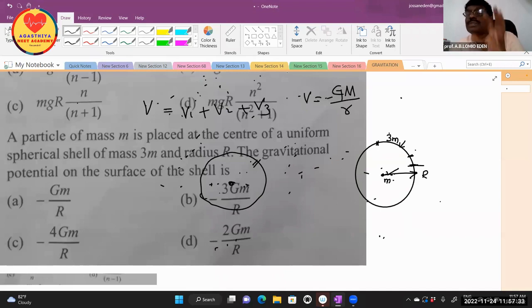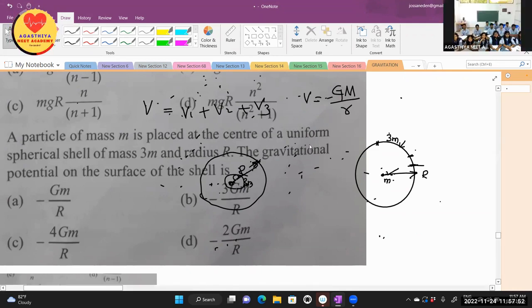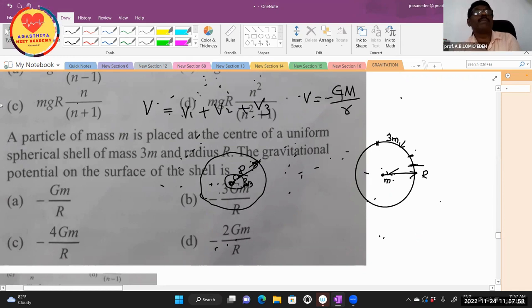Therefore, we have to assume that this mass is concentrated over here. Understand? Therefore, the distance will be again R. Yes? Any doubt? Okay. This is a very critical point about this problem.